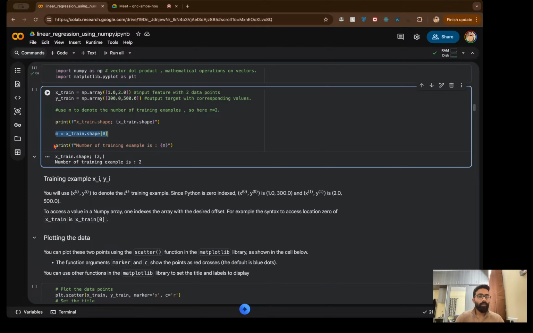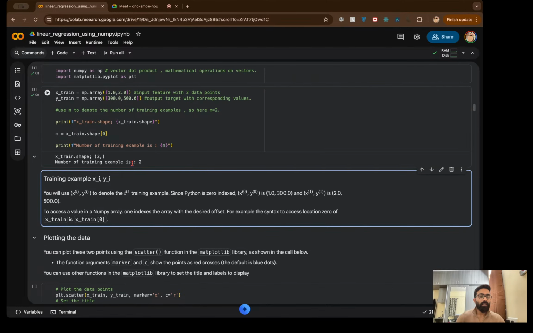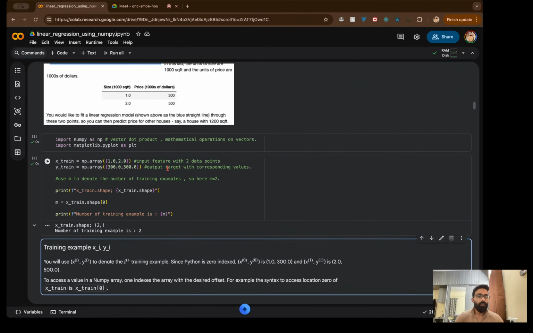Now this is the print statement which will tell the number of the training examples. I'll run this cell, and I can tell that xtrain has shape (2,), that is, two data points are there, and number of the training examples is 2. That is only two data points we are considering for the simplicity.